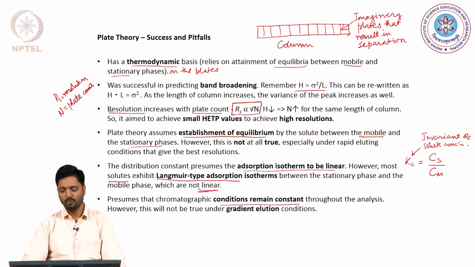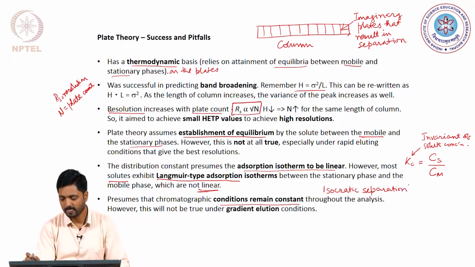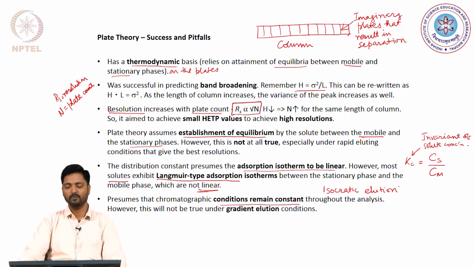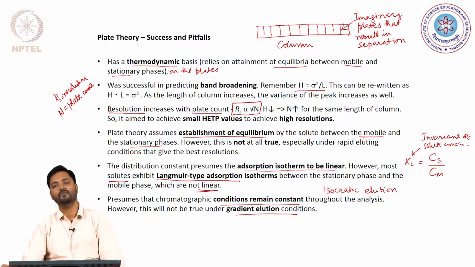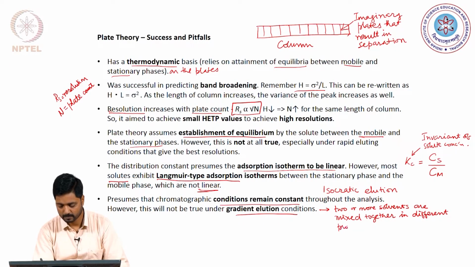This may hold true when we undertake what is known as an isocratic separation or isocratic elution, but will not be true when we employ gradient elution conditions where two or more solvents are mixed together in different proportions to achieve faster elution of the solute.